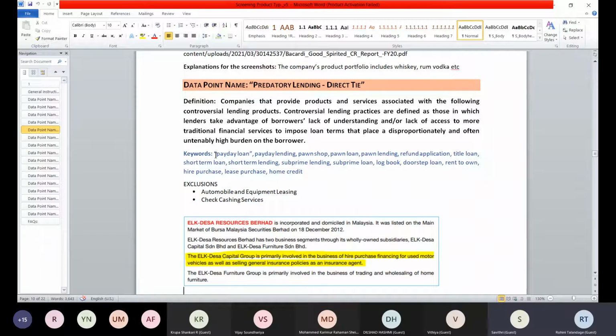So these are the keywords they have given for it. If they are providing any hire purchase facility or lease purchase, home credit, rent to own, like this, if they are involved in such businesses, then we have to mark it as yes.